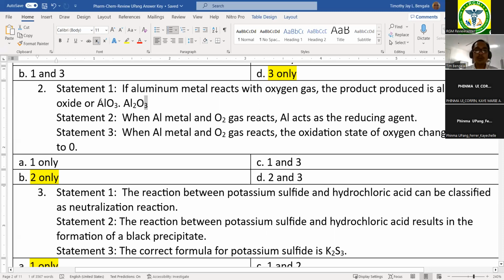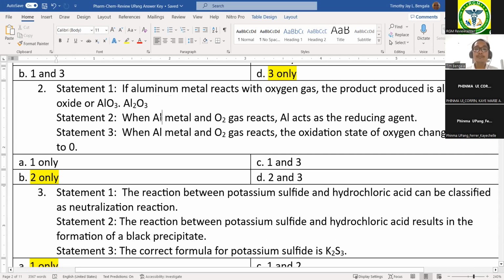Statement number 2: when aluminum metal and oxygen react, aluminum acts as the reducing agent. So that statement is correct. What are the ways we can assess this question? First, we mentioned that oxygen usually acts as an oxidizing agent. That is where the name oxidation comes from, the role of oxygen. That can be one rationale. Second, if you know the charges, you can compute them.